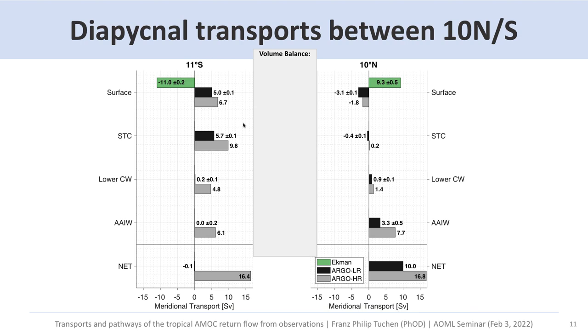So what you can do, under the assumption that in each layer volume must be conserved, is start building balances for each layer. I'll give you an example. What we did for the surface layer is we take the geostrophic transports from Argo data here and reduce them by the Ekman transports in the surface layer, and this leads to an overall divergence of 11.8 Sverdrups for the surface layer.